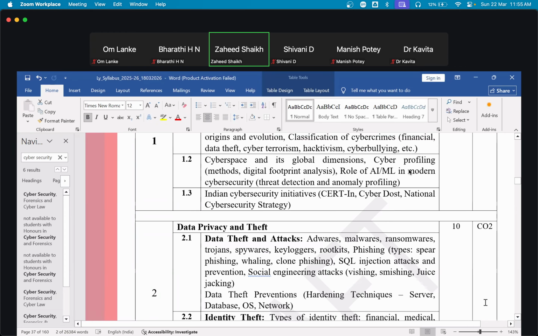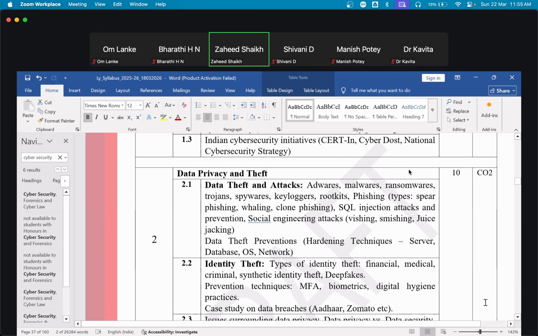What role do they play in curbing the cybercrimes? At the same point of time, how do they use this available information to educate the masses about different types of cybercrimes, cyber incidents, and the prevention mechanisms? So module number one is more about the fundamentals.